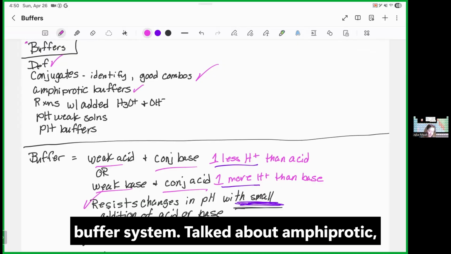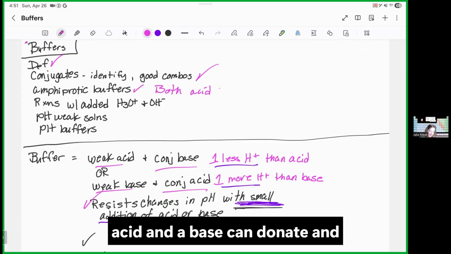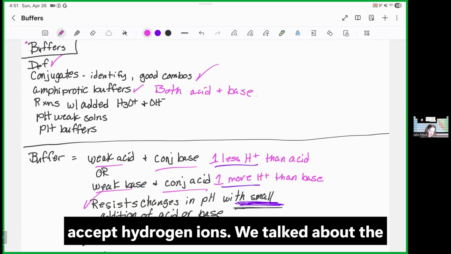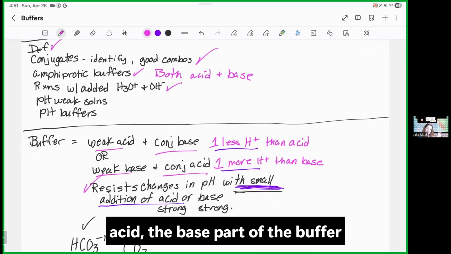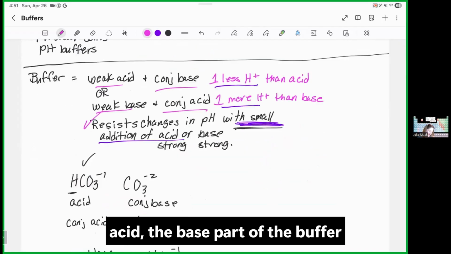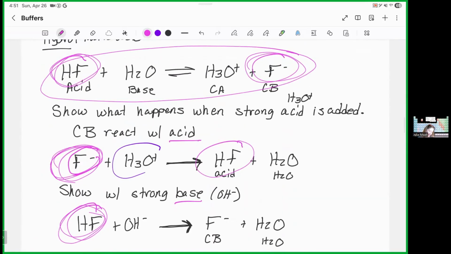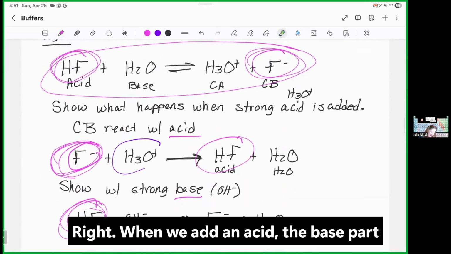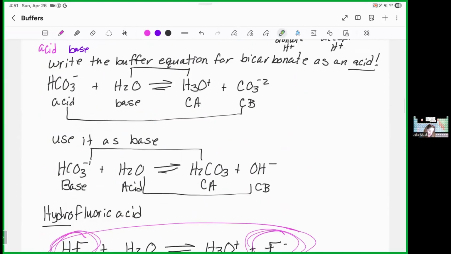Talked about amphiprotic, which is both an acid and a base, can donate and accept hydrogen ions. We talked about the reactions of a buffer. When we add acid, the base part of the buffer reacts with it, like this right here. When we add a base, the acid part reacts with it.